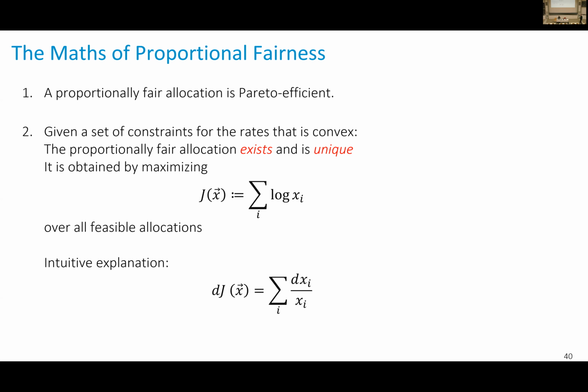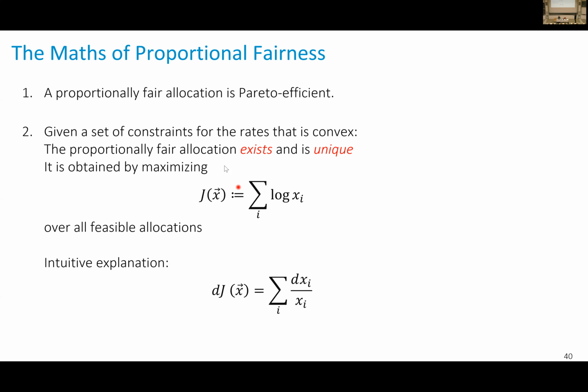So if I start from an allocation and I try to move towards the maximizing point of this function, I will take steps where at every step I increase the total rate of change. Until I reach a point where, in whatever direction I move away from it, this must be negative. That's one way to view a maximum point. Whenever we follow the gradient in any direction, we have a negative increase, which means we have the maximum. That's not a proof, that's just trying to give the intuition.